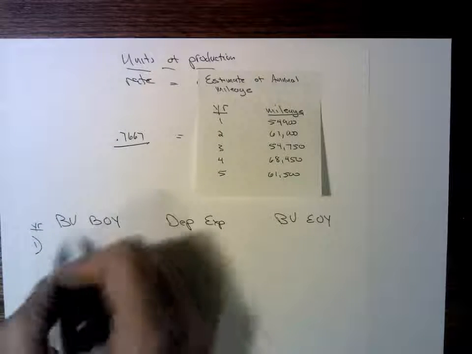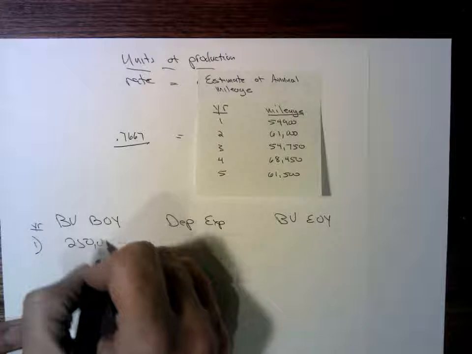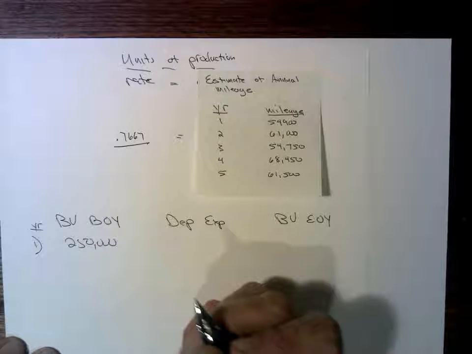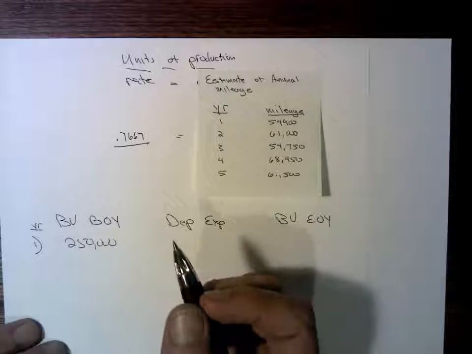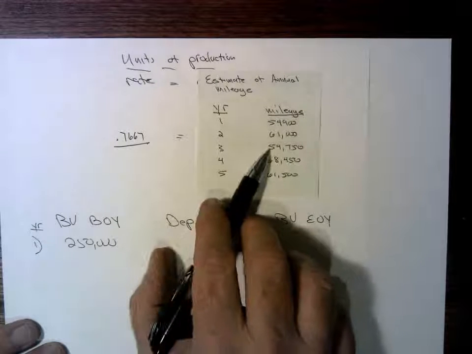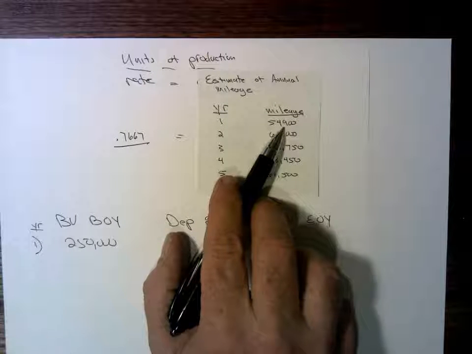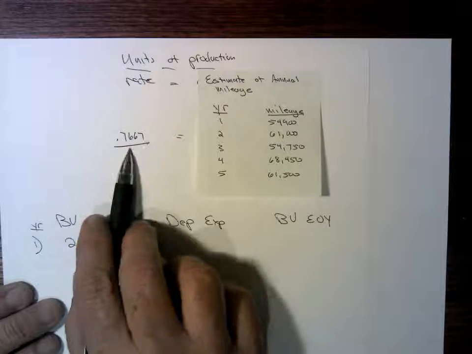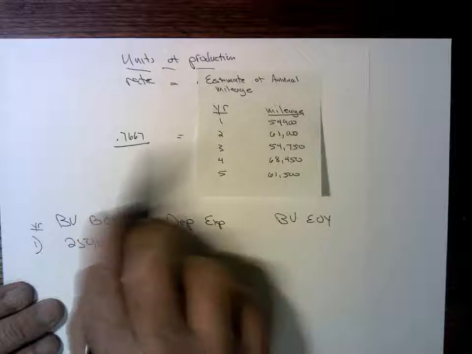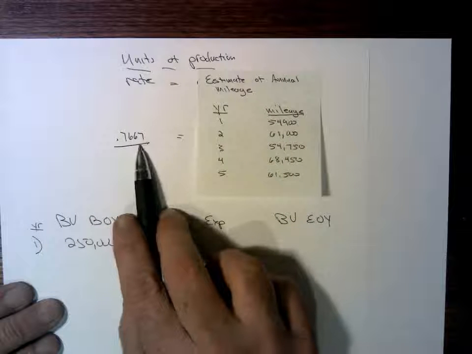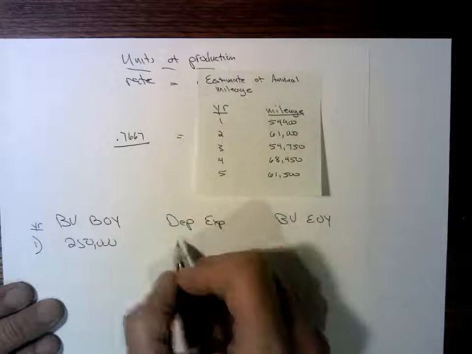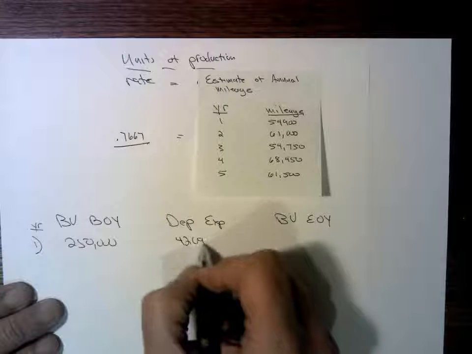So year one, my book value at the beginning of the year, just like all of them, is $250,000. What we're doing now is basing this on the level of activity. So year one, I drive this vehicle 54,900 miles, and we know that we depreciated at a rate of 0.7667 per mile. So I take 54.9 times 0.7667, and I get 42,090.